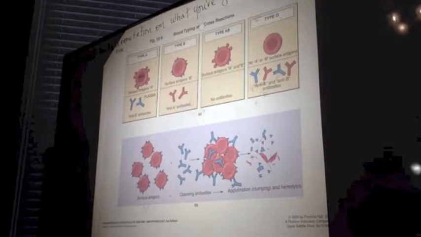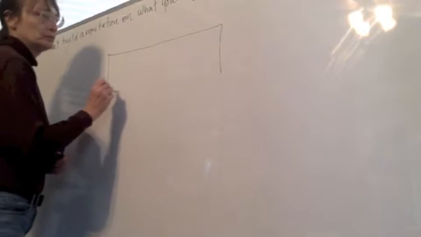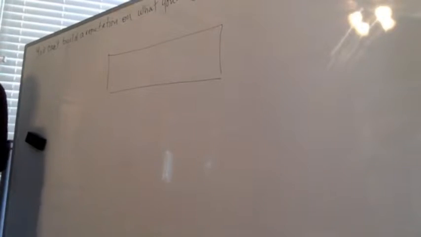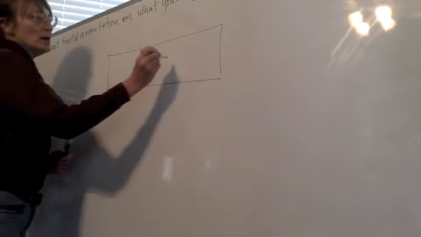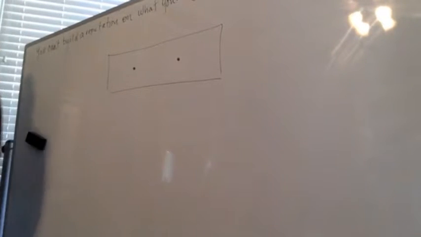All right, so when you do a blood type test, which is very easy to do, we could do it here. We could both find the reagents. What you do is you take a slide, and you put a drop of blood on your slide here and a drop of blood on your slide there.